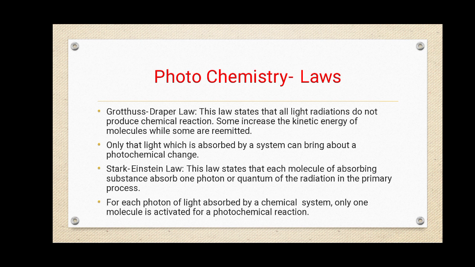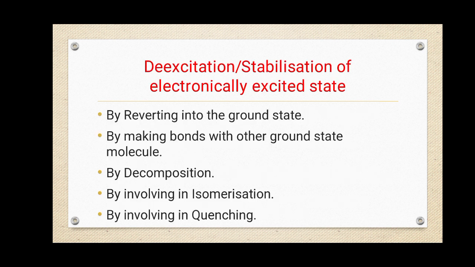Next, I would like to give you some points on the de-excitation of photochemistry. Before explaining that, how does a photochemical reaction happen? A molecule is irradiated, so by getting the radiation, it is excited to a higher energy level. The molecule cannot stay in the excited energy level.